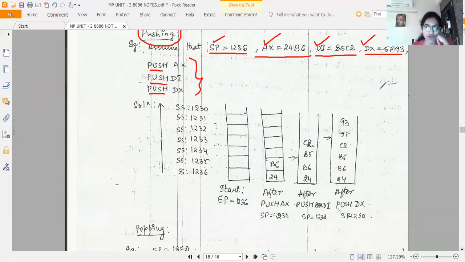For which we have also been given the offset address, but we do not know the segment value. It is okay if we do not know the segment value. How can we represent it? Just represent SS, stack segment. The stack segment is the address, but the starting address is 1236.